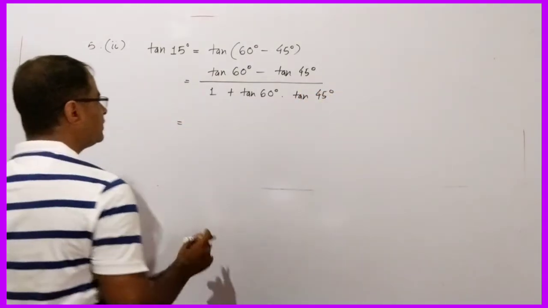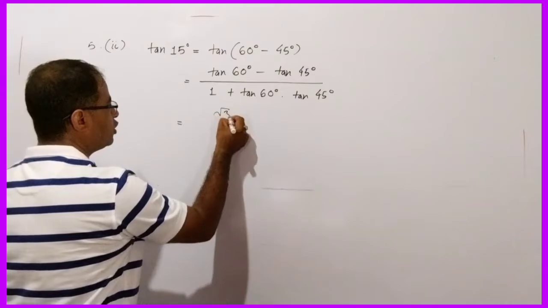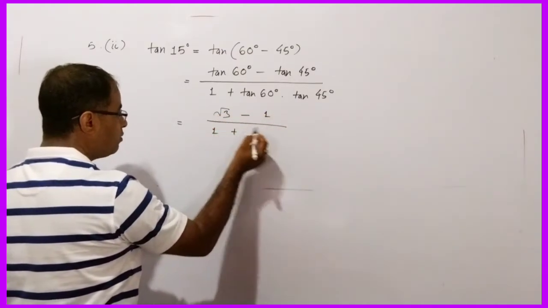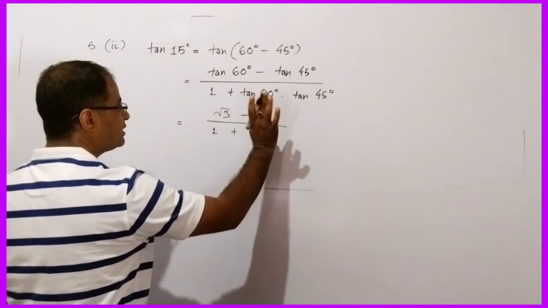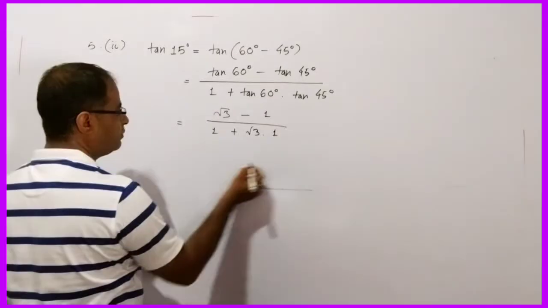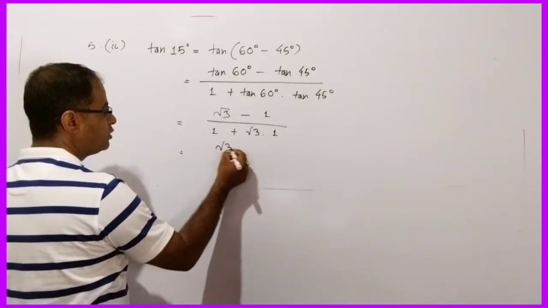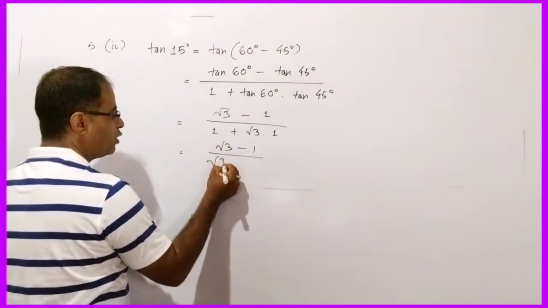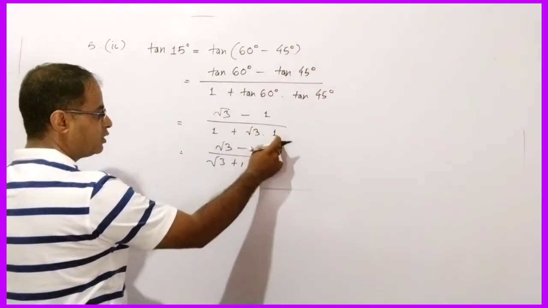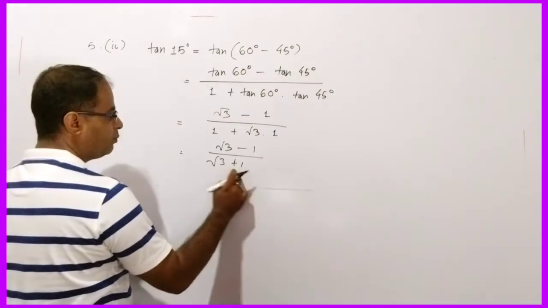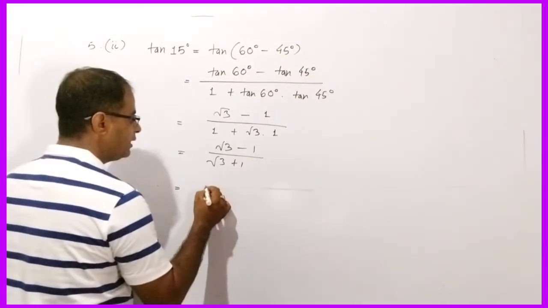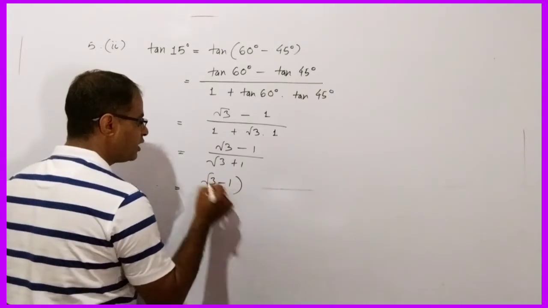Now put the values: tan 60 degree is root 3, tan 45 degree is 1, which is root 3 minus 1 by root 3 plus 1. We change the order of 1 and root 3. Root 3 into 1 is root 3. You can calculate it further.